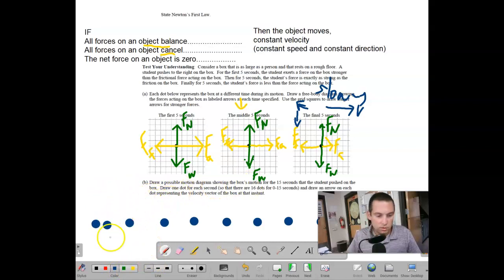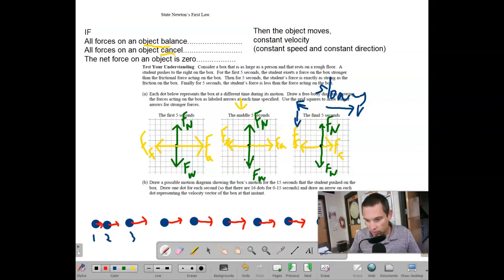There are the dots. You'd want to label this as 1 second, 2 seconds, 3 seconds, and so on. I won't go through that. And then remember, the last thing we do with a motion diagram is we draw our velocity vector. Here we can see our velocity vector is growing until we're here where it's constantly the same length, because we're moving with a constant velocity.